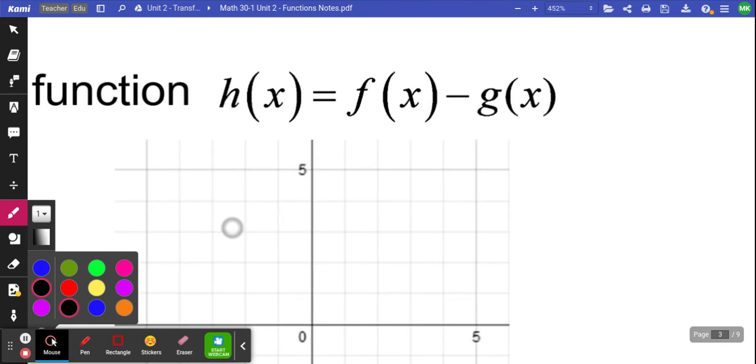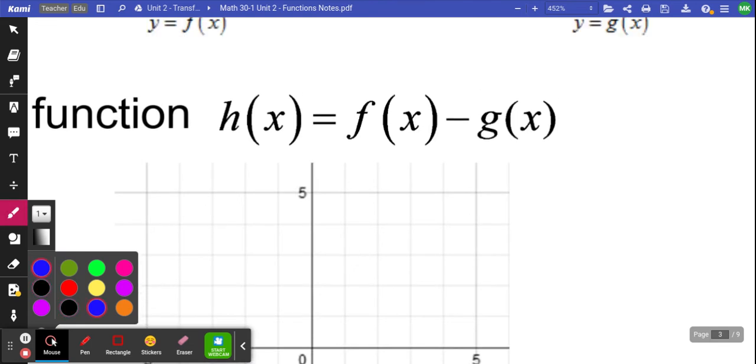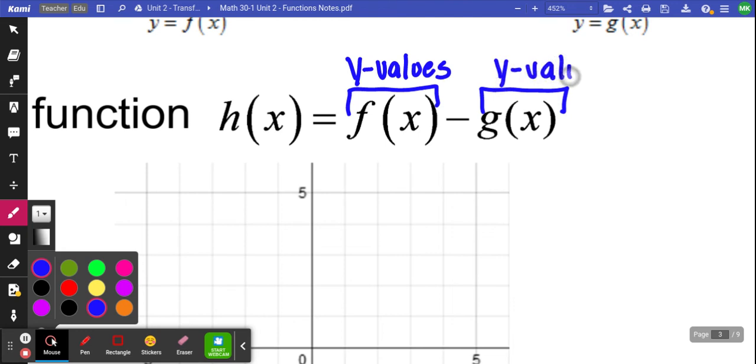So now, when we're looking at h of x equals f of x minus g of x, they are talking about y values. They're saying take the y values of f of x, subtract the y values of g of x.